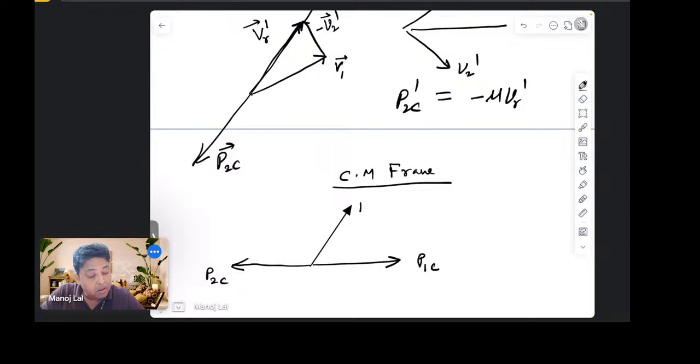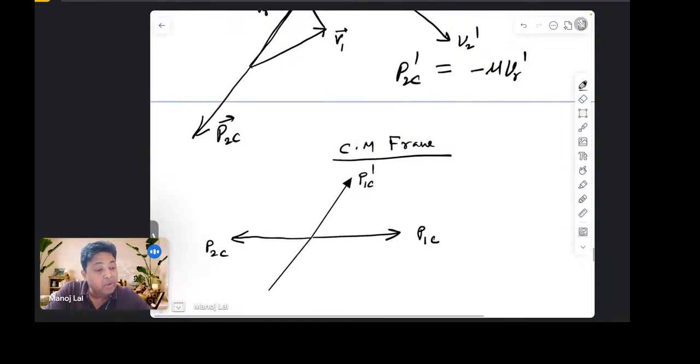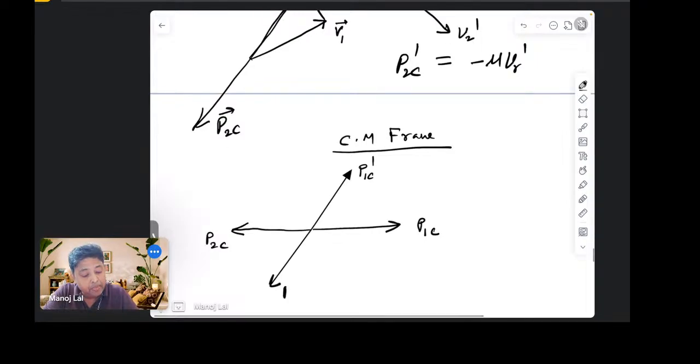P1C dash, and this could be, let me read, just opposite, right? Equal and opposite in magnitude as well. The length should also be equal. P2 dash.